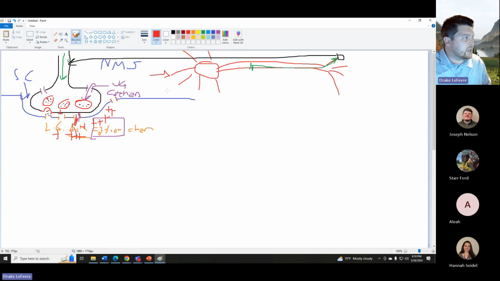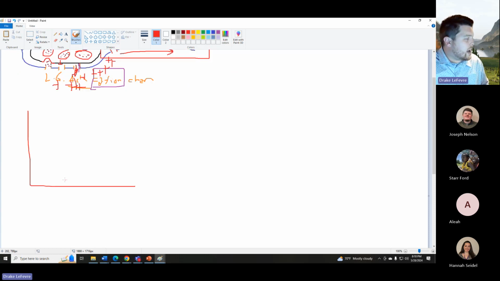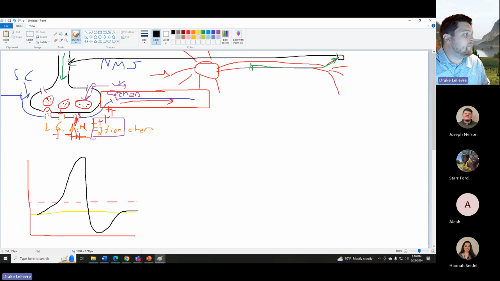So literally, once we get to this point here, to travel along the membrane, also known as the sarcolemma, that's the plasma membrane of the muscle cell, we can literally draw the exact same graph that we had earlier, right? There's threshold, our resting membrane potential, and we get the stimulus that comes through, bam, we hit that, we come back in, just like that. It looks exactly the same.